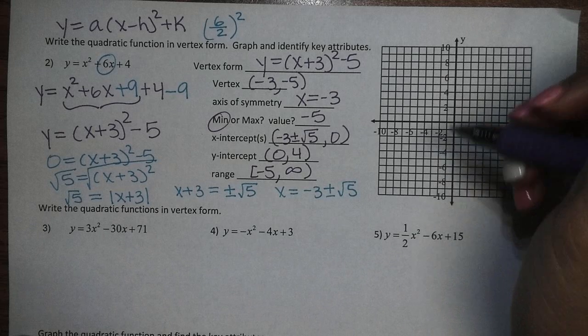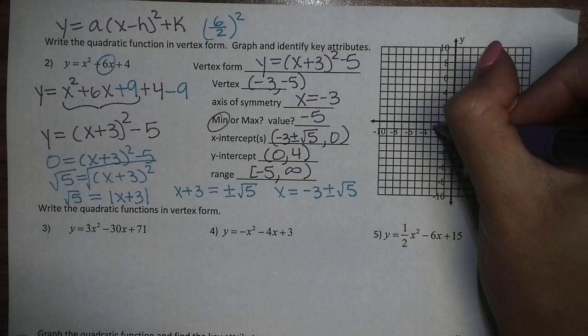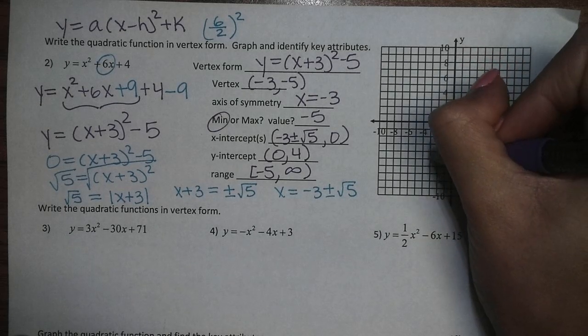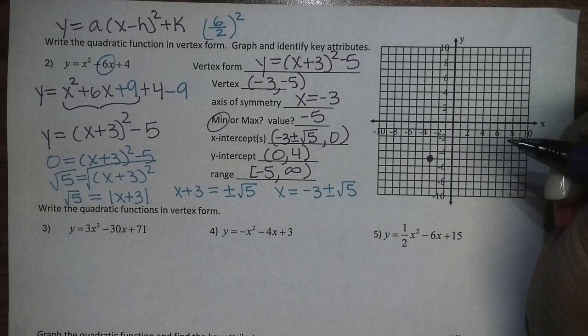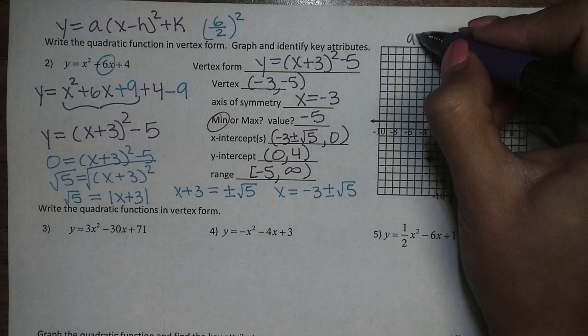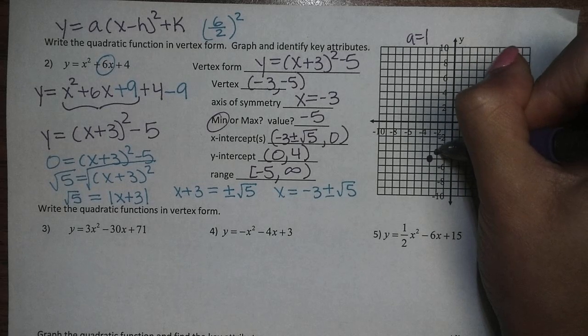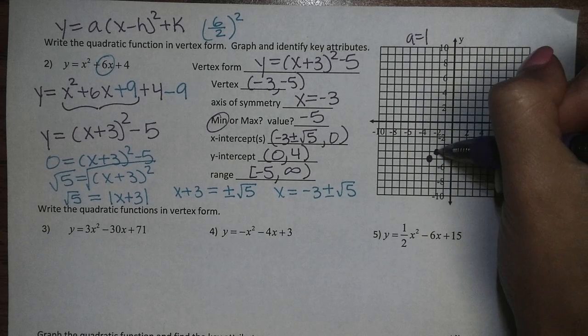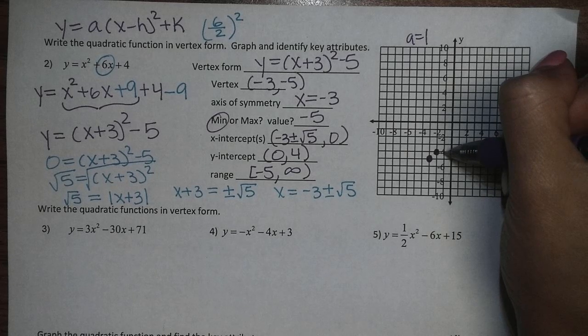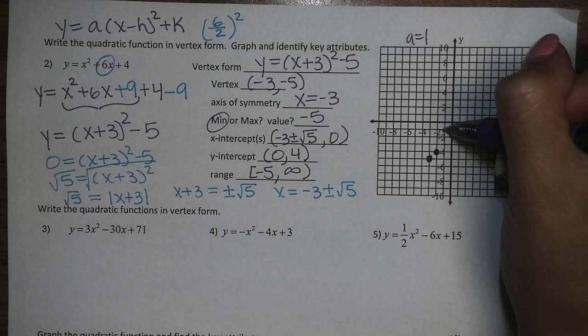And when you graph it, I'm going to graph -3, -5. My a value is equal to 1. So from the vertex, I'm going to go to the right 1 and up 1 times 1, which is just 1. And now from that point, I'm going to go over 1 and up 1 times 3. So 1, 2, 3.